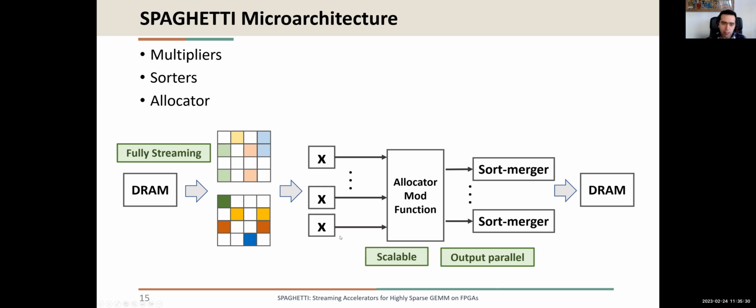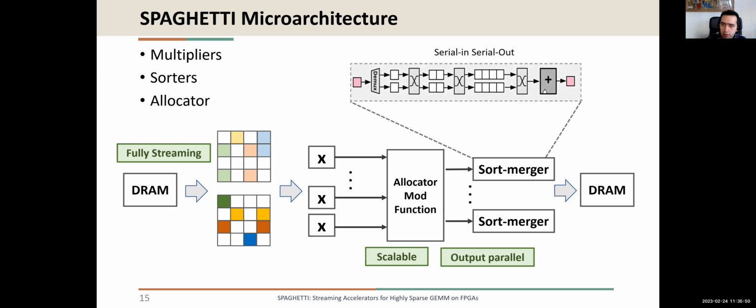It is scalable because you can play with the number of multipliers and number of sorters and mergers based on the budget that you have in your hardware. And the output is also parallel. The input is already parallel because of the outer product algorithm, but now the output is also parallelized. This is the architecture of the sorters and mergers. As I mentioned, sorting is an expensive operation in hardware.